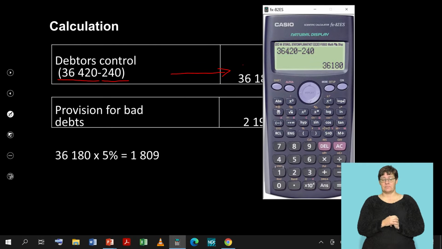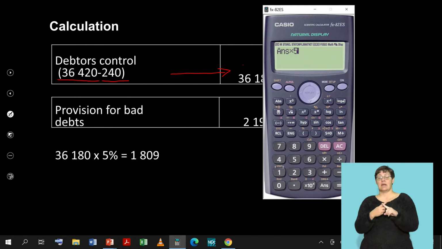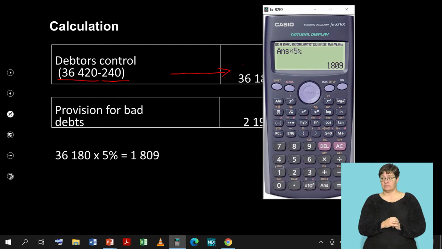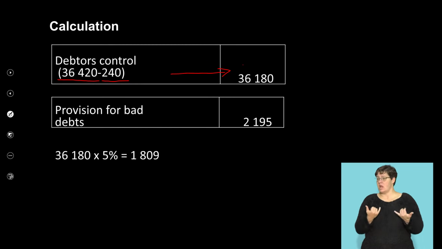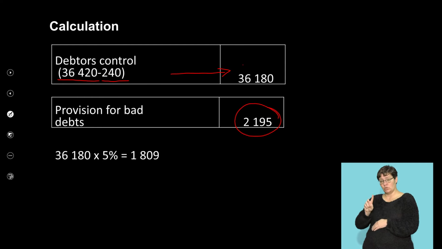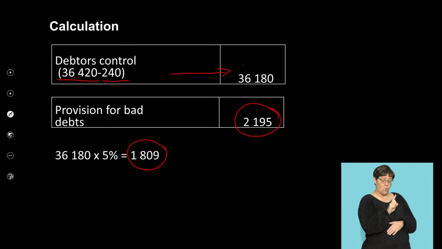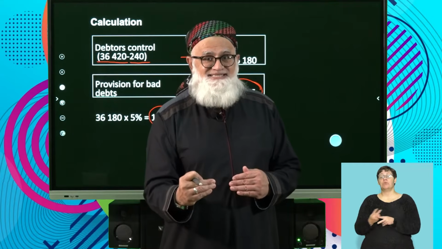Okay, now take the 36,180 times your 5%, and you get a figure of 1809. Okay, now what do I have? I have an existing provision of 2195, right? My new provision is 1809. Clearly you can see from this here that your provision must be decreased, right?